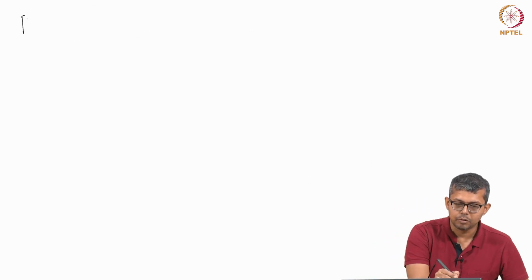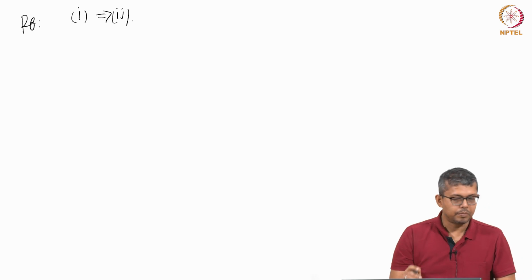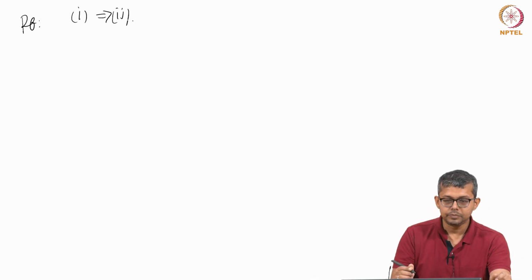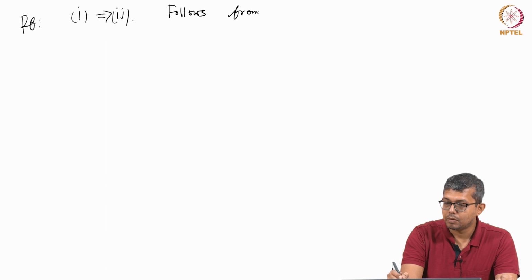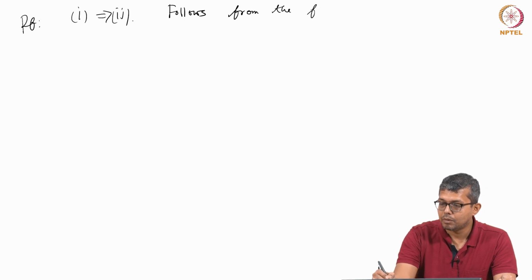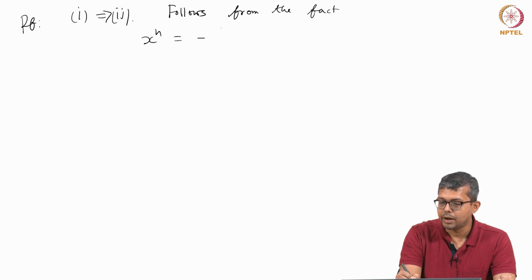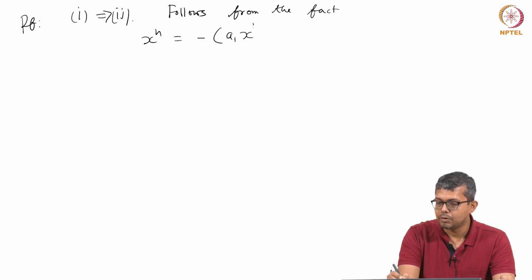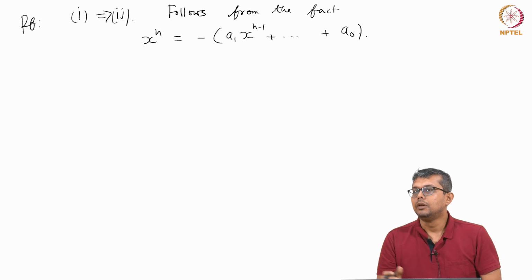So, proof sketch, 1 implies 2. This follows from the fact that you can write x to the power n as a_1 x to the power n minus 1 up to a_0.